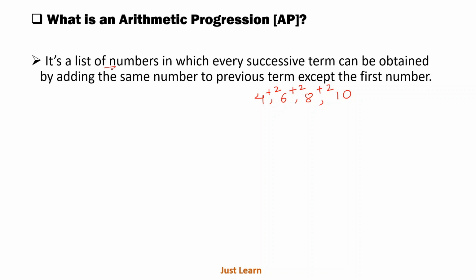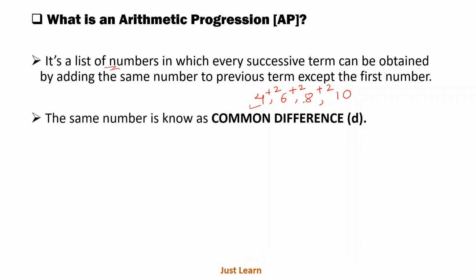It is a list of numbers, correct, in which every successive term can be obtained by adding the same number. So the same number here is plus 2. And if I add plus 2 to every previous number, I get the successive number. Yes, this is an AP.